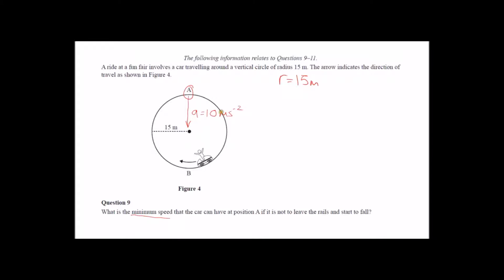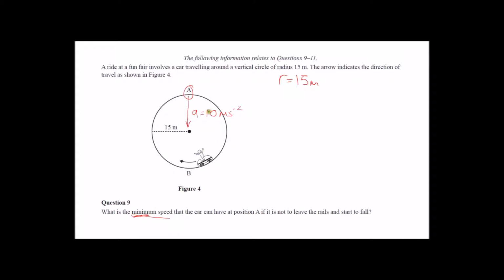Now, if it was different to that, then the car would either be starting to fall, or it would actually effectively be pushed up on harder onto the track. So it would be exceeding that minimum speed.